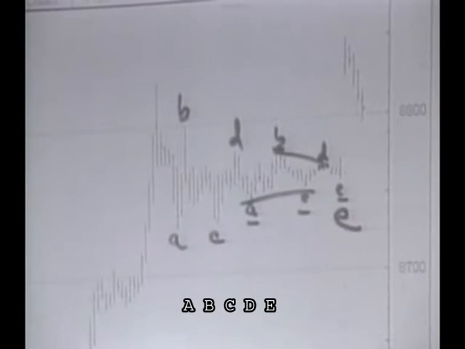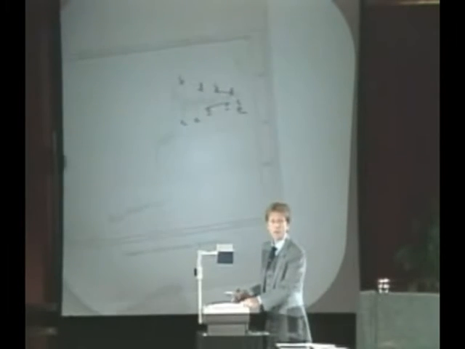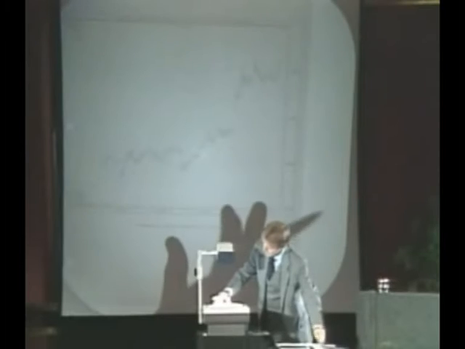This is a triangle in a wave 4 position, A, B, C, D, and then look what bonds did to finish off the E wave. Another nice little contracting triangle, A, B, C, D, E, before they thrust it up. I think thrust up would probably be better.